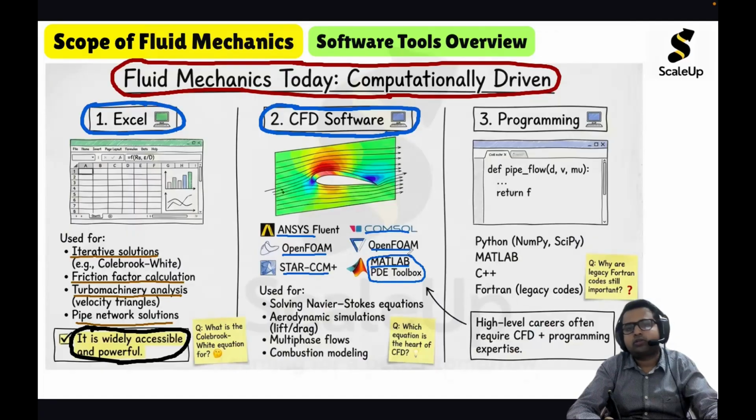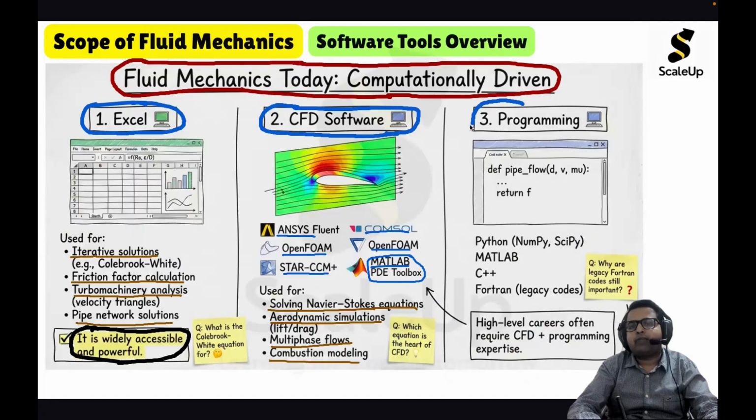These are dedicated software for computational fluid dynamics, and they are used for solving Navier-Stokes equations, aerodynamic simulations, lift and drag, multi-phase flows, and combustion modeling.